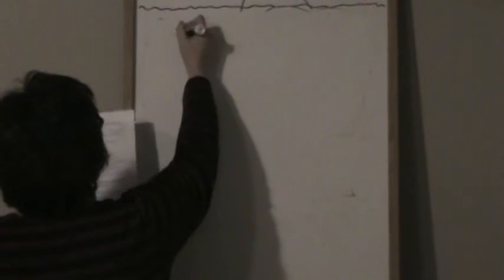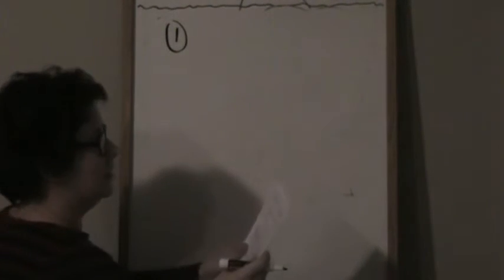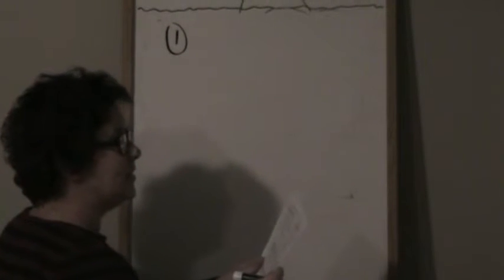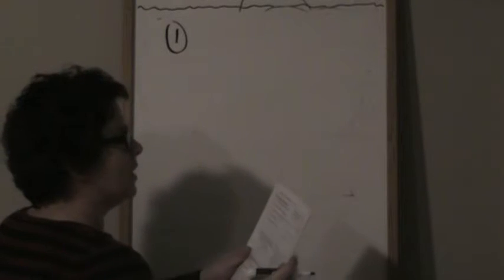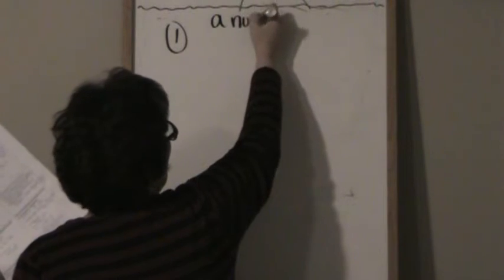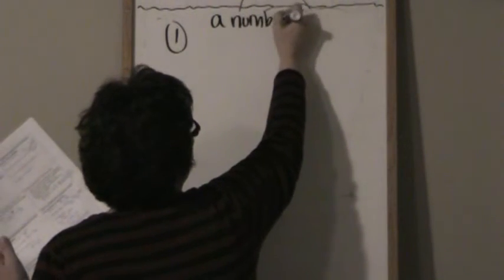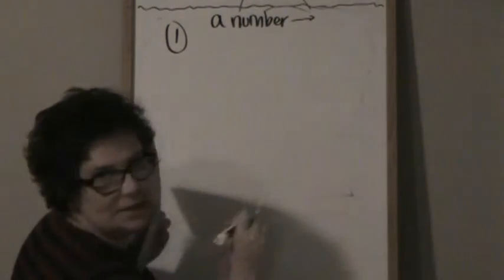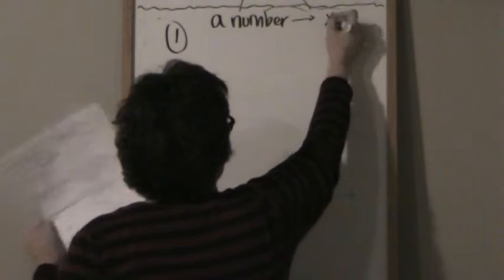All right. Write an algebraic expression. Number 1 says 8 less than 6 times a number. So we can use that a number, and that can be our variable, which you know me, I like to use x. Okay?